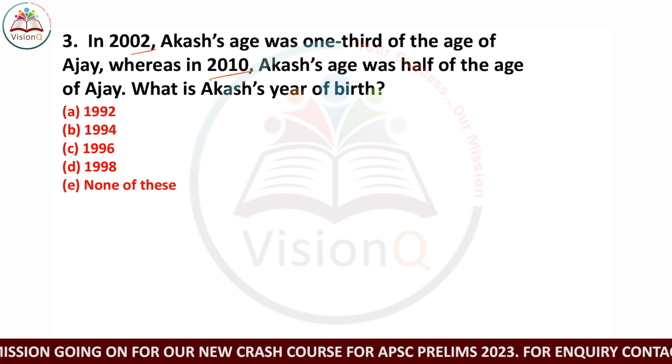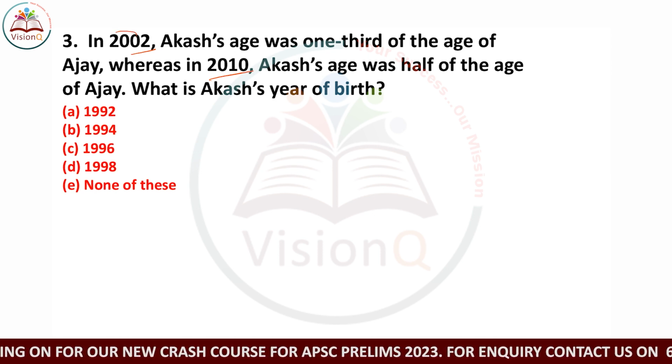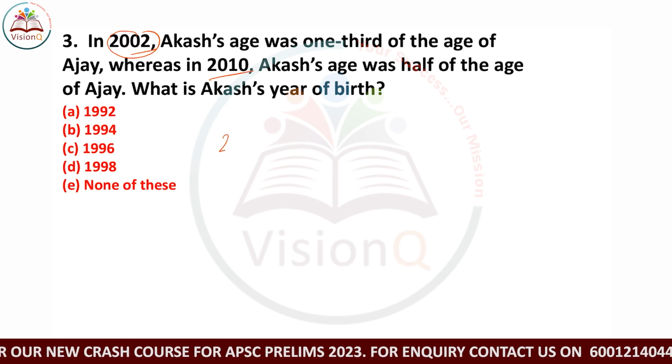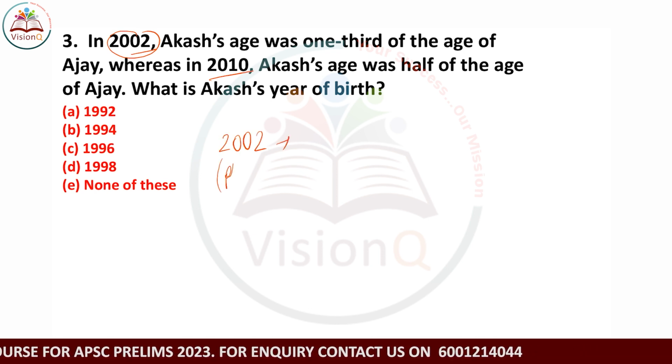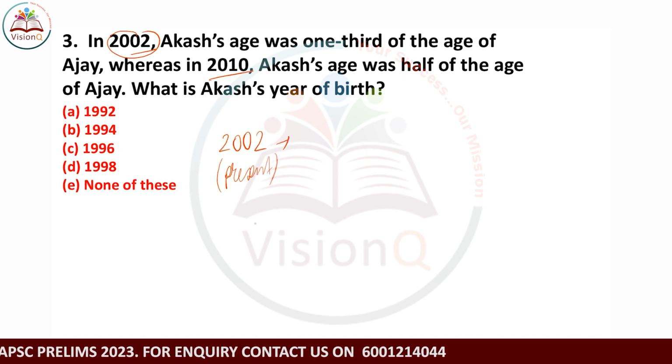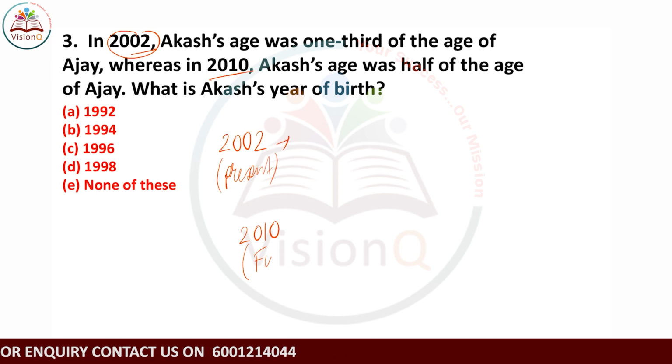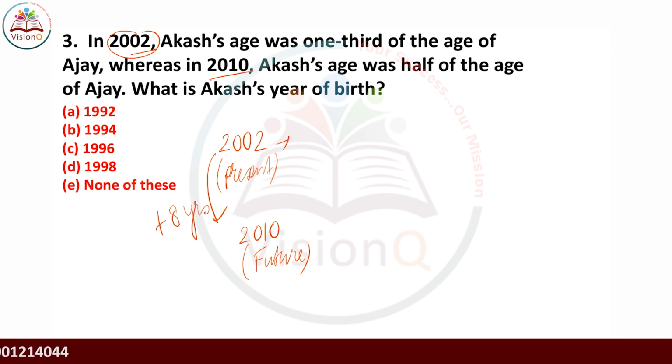Now if I assume 2002 as the present year, then 2010 will be how much? It will be the age in the future. After how many years? After 8 years. So the gap from present to future is 8 years if I take 2002 as the present year and 2010 as the future.